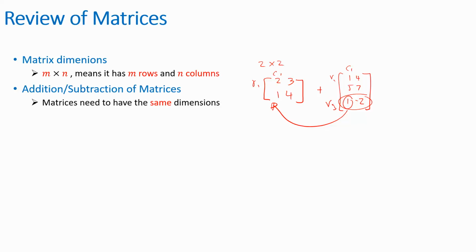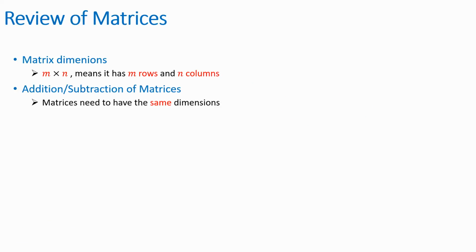If you have the same dimensions, you can correspond each position with each position. So you add or subtract values of the same position, and I use R1, C1 to represent row 1, column 1.